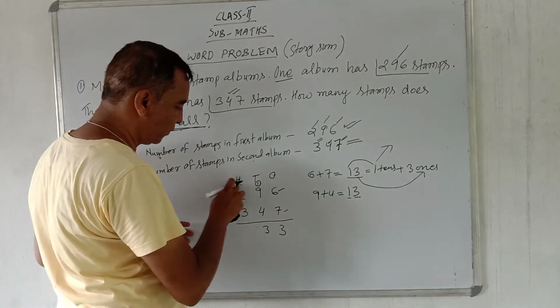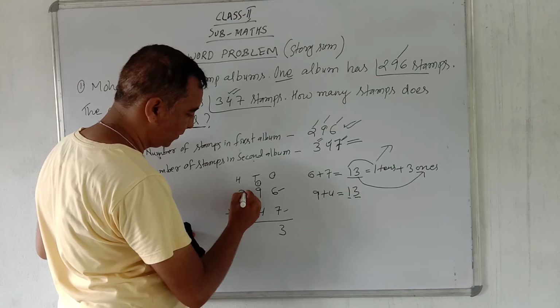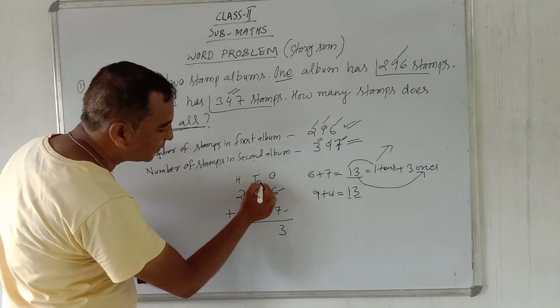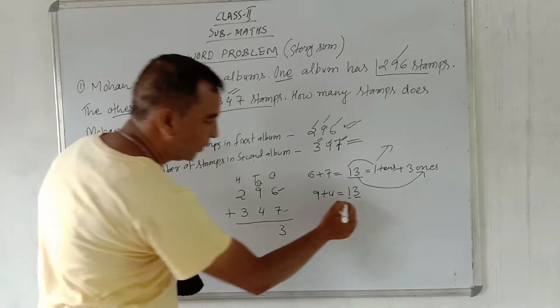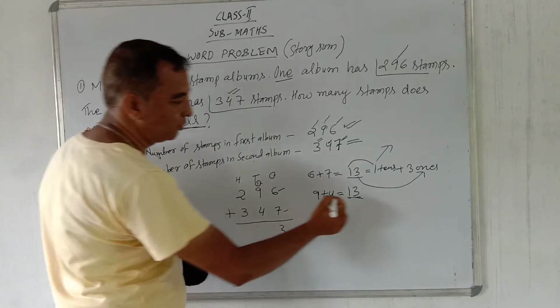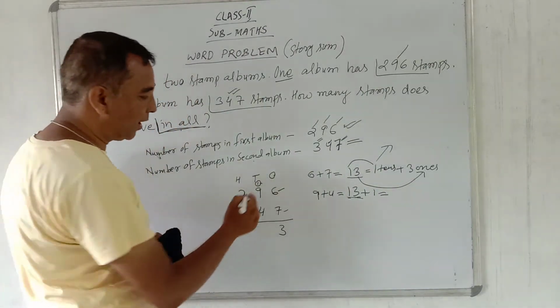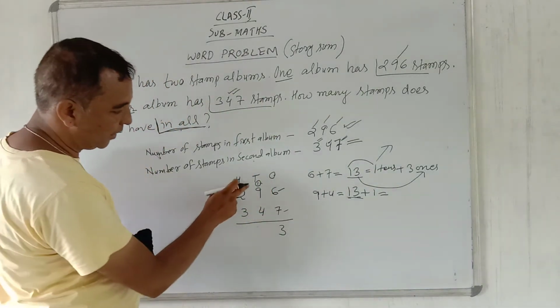No. Why? Where is the 1 that I carried? I have to add that 1 also. So never forget to add the carry over number. This is the carry over number, the 1 above the 9 in the circle.